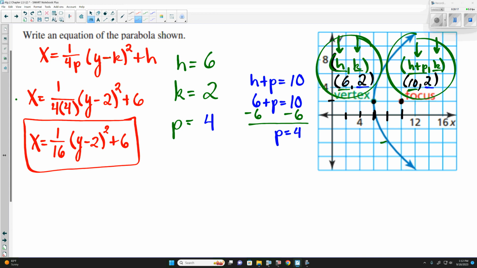A dish, like a satellite dish where you get DirecTV or trying to communicate with a satellite. The focus is where the antenna, the receiver, goes. So if you're actually building a satellite dish, the focus is where this is at.